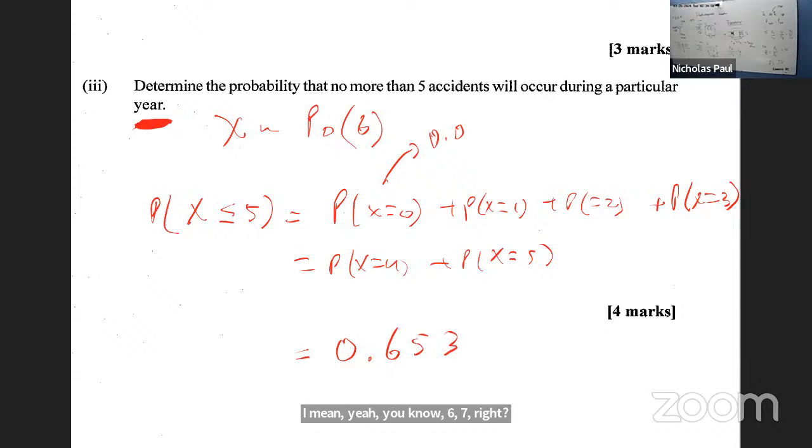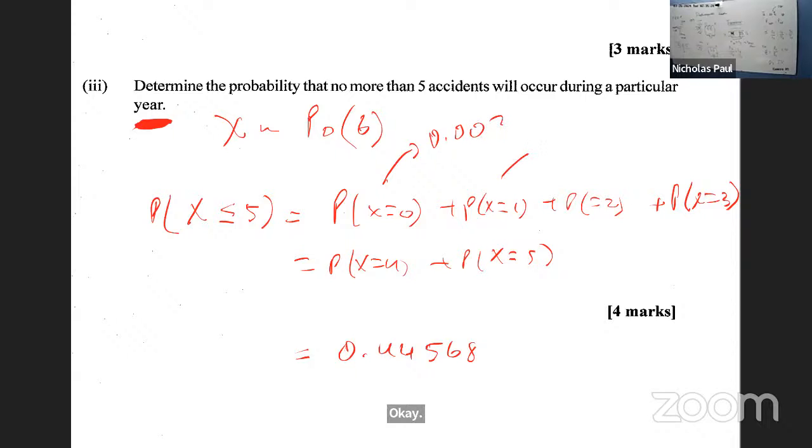What do you get for x equal to 0? 0.0025. What do you get for X equals to 1? 0.01.